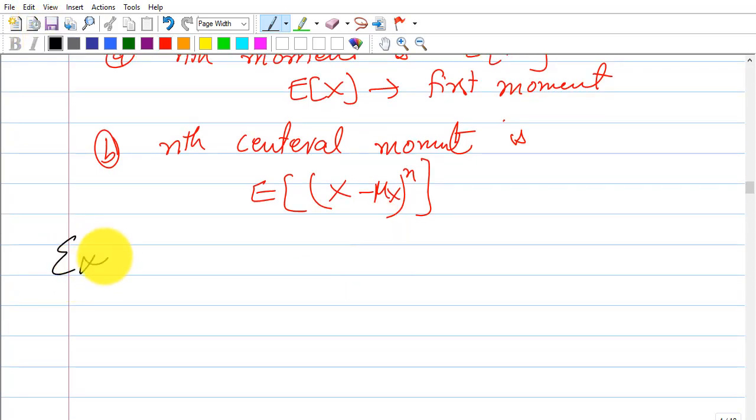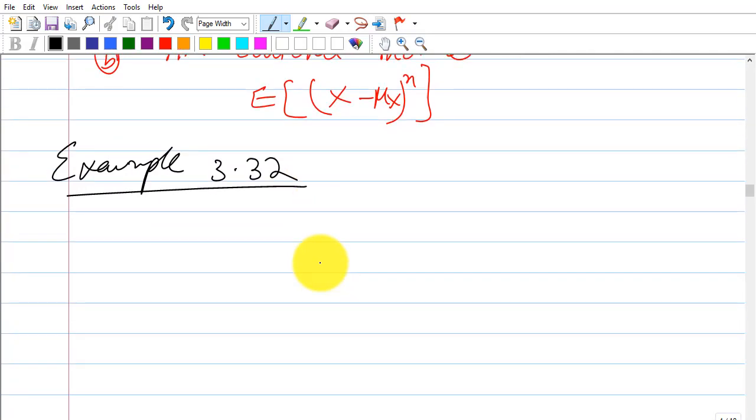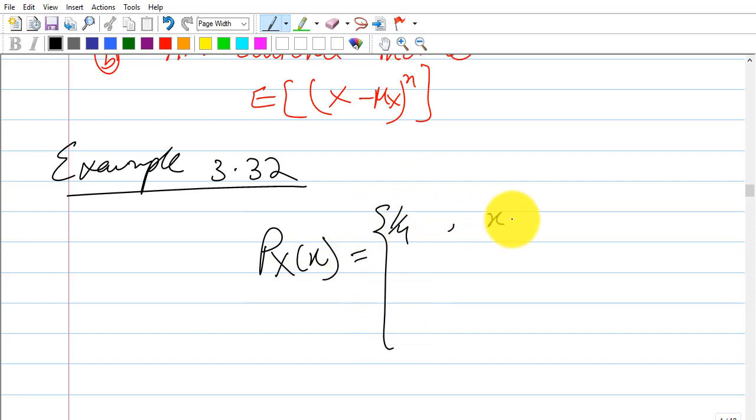This is exactly Example 3.32, and it says that we are given the PMF of x: 1 by 4 for x equal to 0, 1 by 2 for x equal to 1, 1 by 4 for x equal to 2, and 0 otherwise.